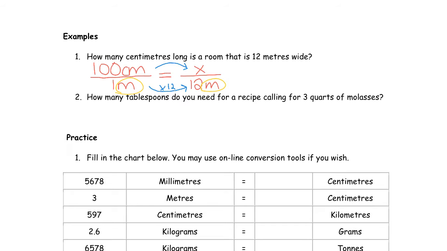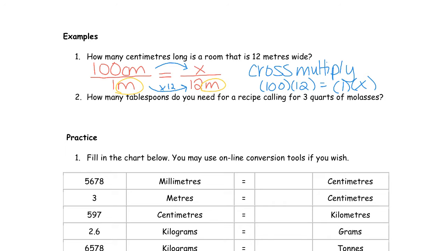Okay, so that's one way to do it, is take a look at that ratio and see what that common multiplier is. The other way is to cross multiply. Okay, and when I cross multiply, I'm going to have the 100 times the 12 is equal to the 1 times the x. And I just will isolate x, okay?